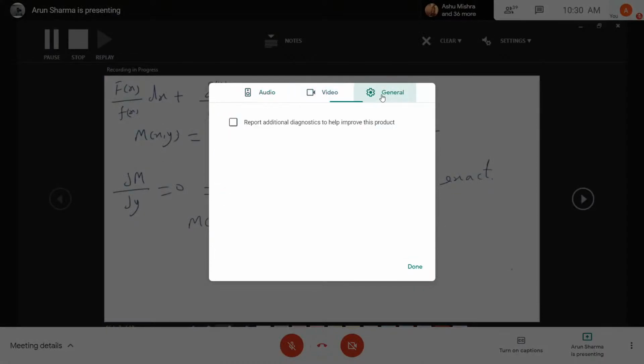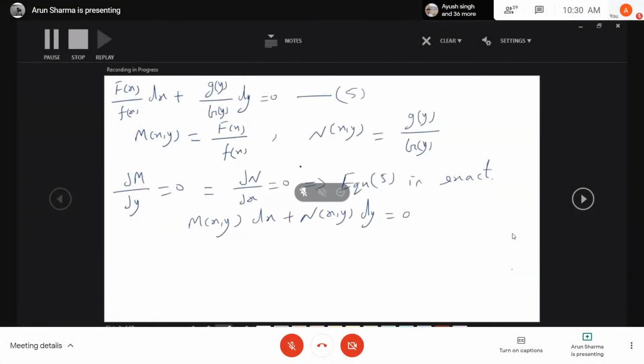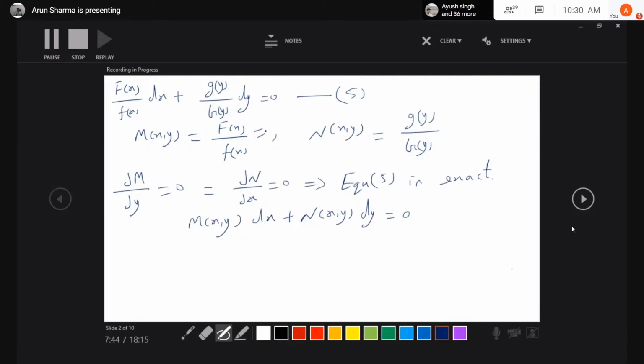Since this M(x,y) is just a function of x, we can say this is just M(x) and this is just N(y), because they are functions of just x and y. We can write M(x) dx plus N(y) dy. There is no harm in writing this.